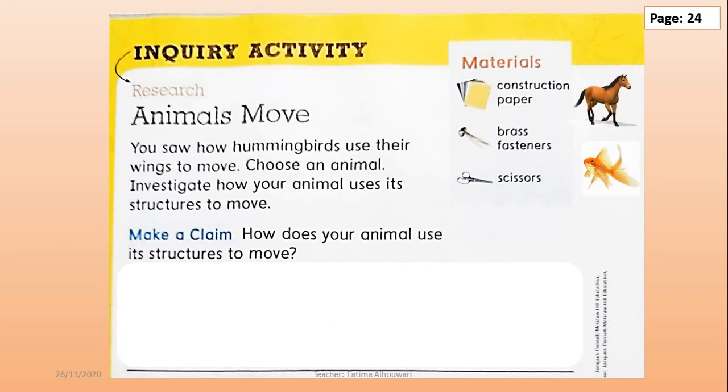Again, the horse uses its legs to move, just as you see. But what about the fish? Does the fish have legs? No, it does not have, but it has fins. These fins help the fish to move in the water.